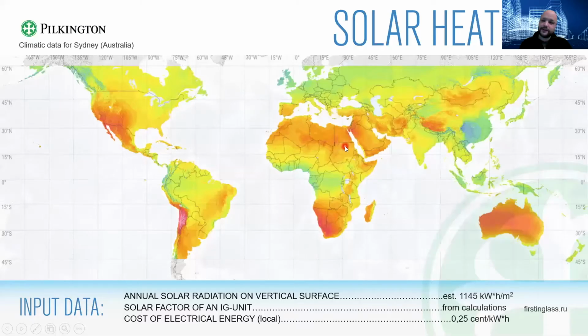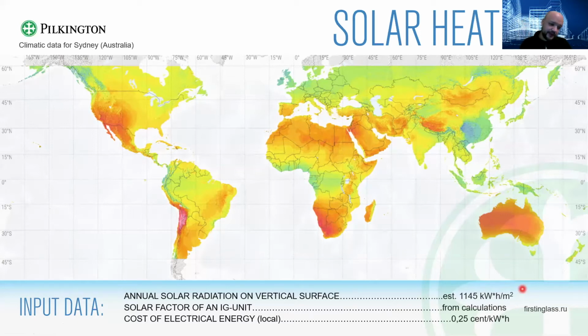But let's go and see some numbers. Now, for the hot climate zone, instead of Europe, I chose Australia. So let's talk about Sydney, for instance. For the calculation of the energy efficiency in terms of solar radiation, we have to know how much solar heat is falling on the vertical surface.